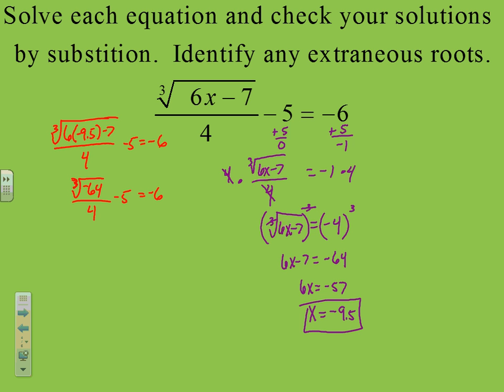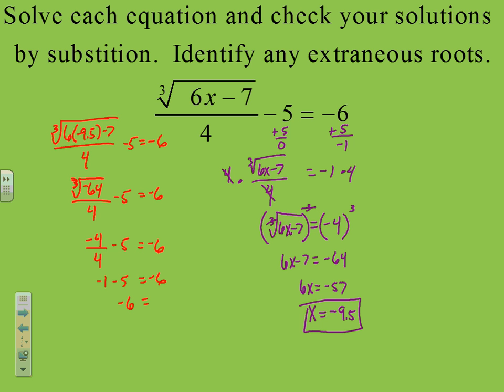When the root power is odd, we get a real number, unlike if I try to do the square root of a negative number. So the cube root of negative 64 is negative 4. I put that over 4, minus 5, equals negative 6. So this gives me negative 1 minus 5.